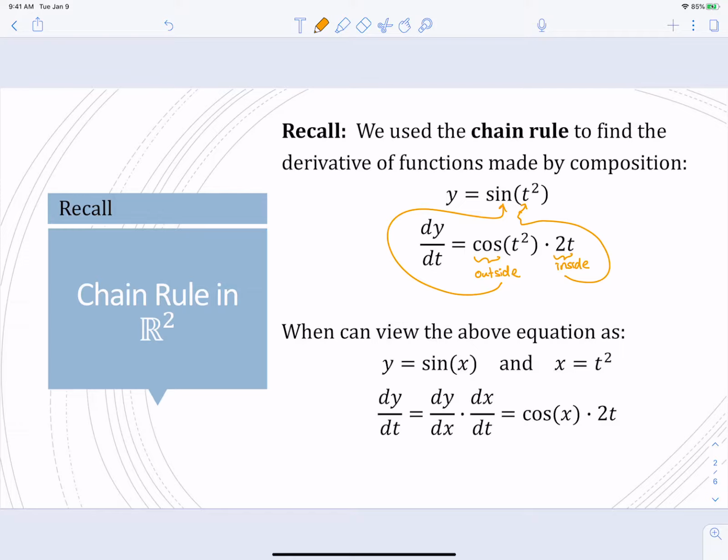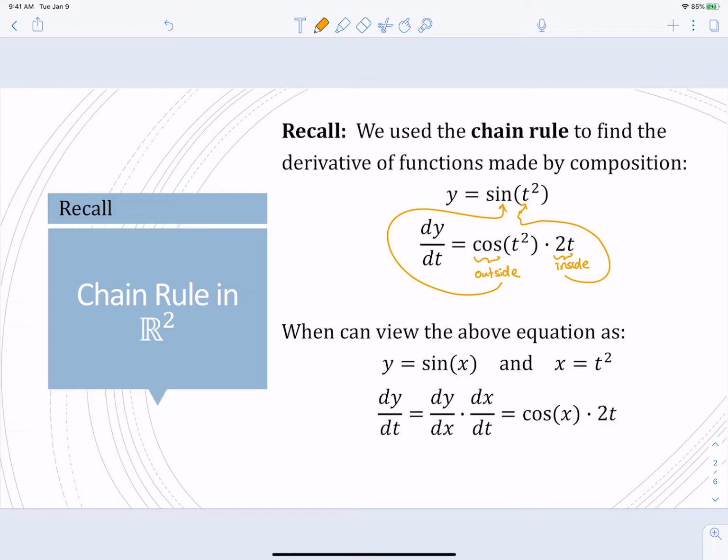Okay, and we've done this millions of times. So when we view this equation above slightly differently and think about it, what if we pull apart this composition? This is usually something we talk about one or two times at the very beginning of when we do the chain rule. But this is going to be really helpful for us to understand what's happening when we're looking at this in three dimensions.